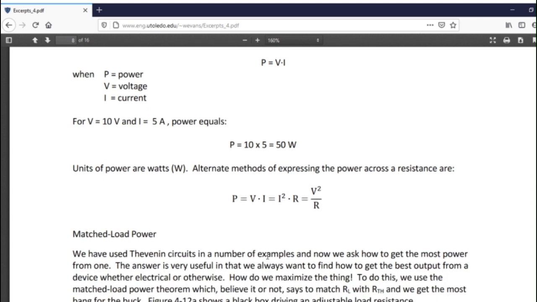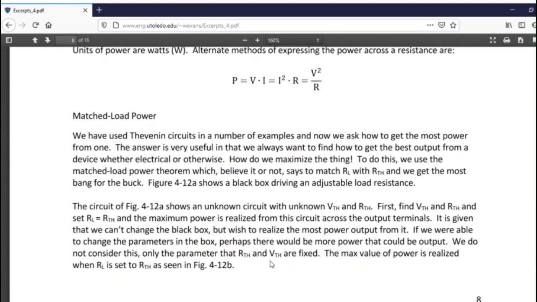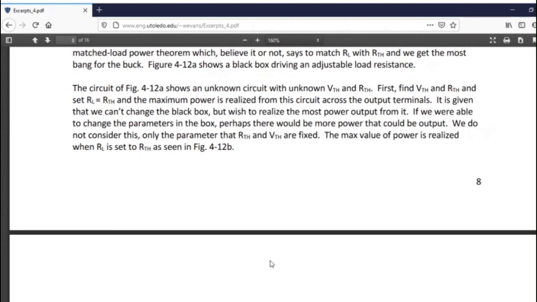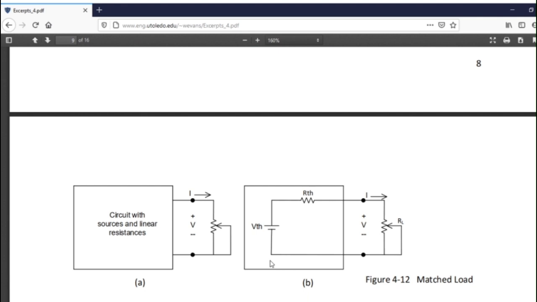Okay, so I also have what we call matched load power. And this is a way of determining how do I get the most bang for my buck. In other words, how do I get the most out of a circuit? Let's say you have a speaker system. How do you get the most power out of those speakers? Well, the way to do that is to match the Thevenin equivalent circuit of your speaker system to the ohms of the speaker.